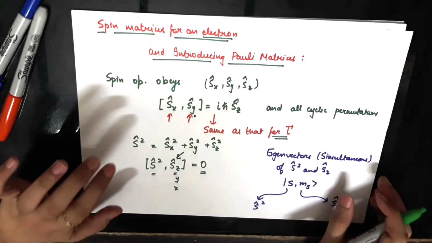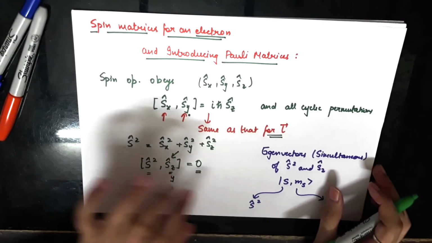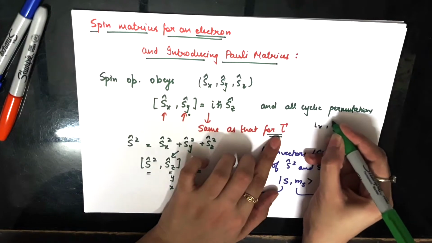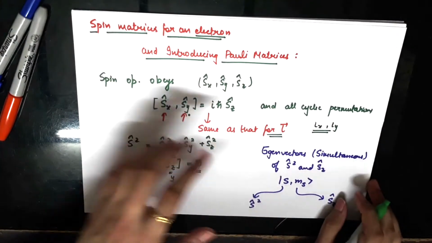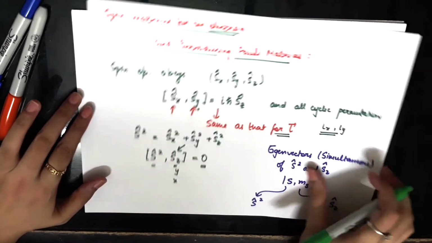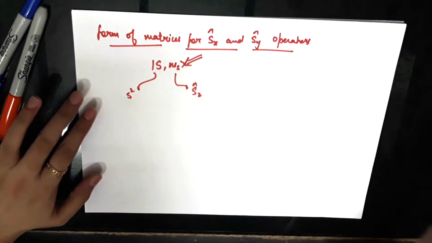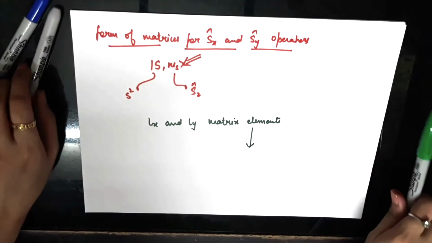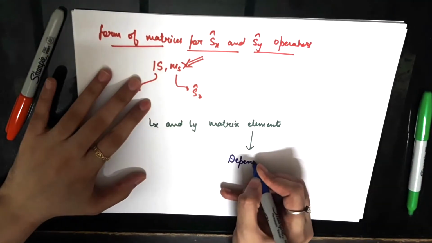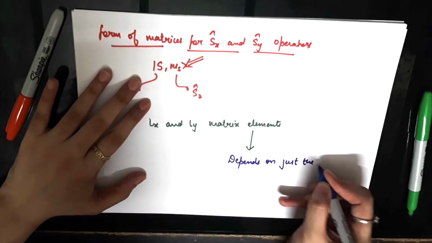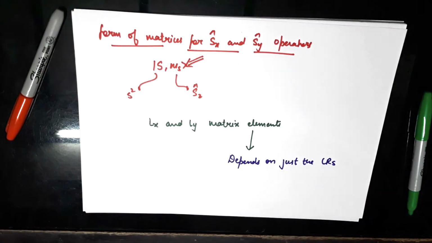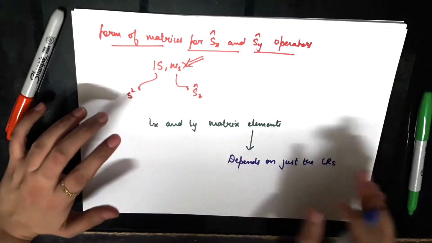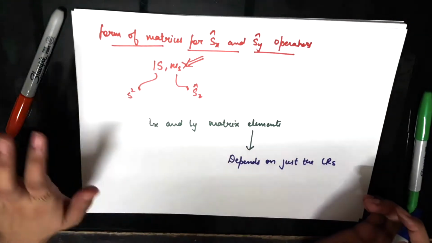We have already done the computation of the form of matrix elements for Lx and Ly. The matrix element formula that we had earlier derived for the Lx and Ly operators just depends on the commutation relations.